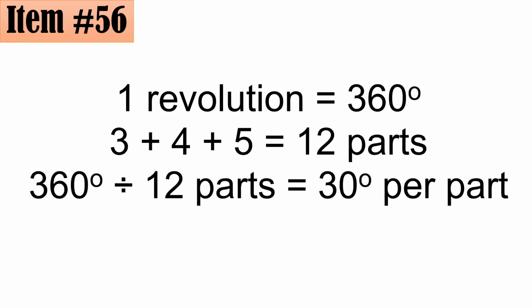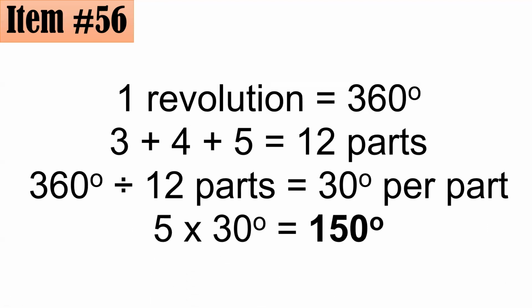And the largest arc, but before that, no, so 360 divided by 12 means that there is 30 degrees per part, no? But the largest part po natin is composed of 5 parts. So this arc has 5 times 30 degrees, which is 150 degrees.